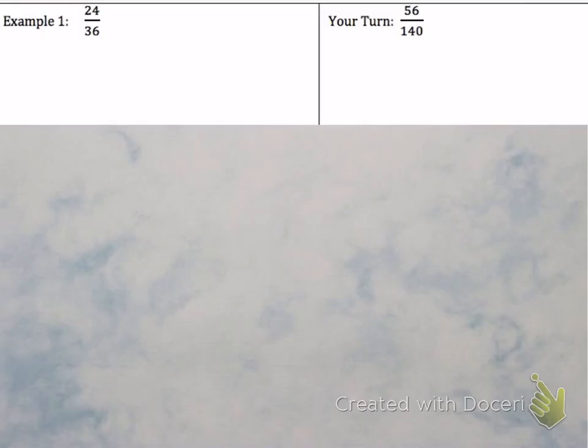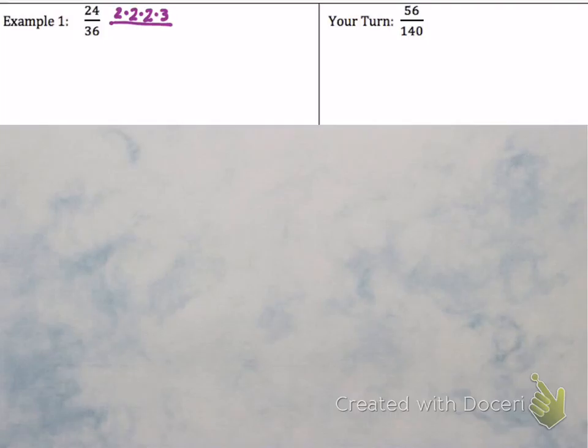So looking at 24, we want to think about breaking 24 into its primes. 24, I know, is 8 times 3, and as we do these, hopefully you'll start to recognize factors. 8 is 2 to the third, and then times 3. So 24 I can break down into 2 times 2 times 2 times 3.